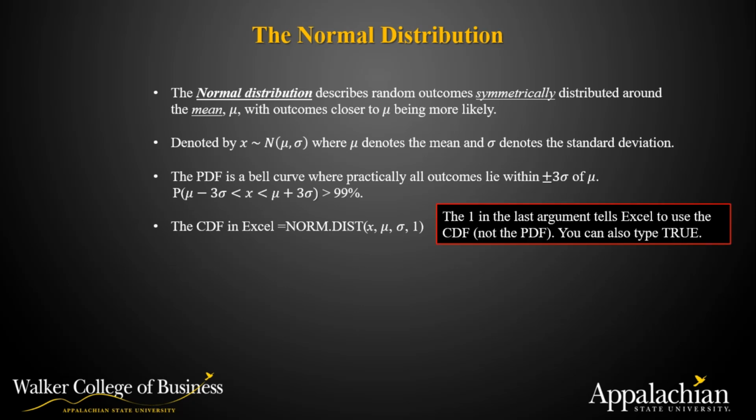The 1 in the last argument tells Excel to use the CDF and not the PDF. You can also type the word TRUE in all caps in place of the 1. The normal distribution is by far the most important distribution in statistics and will be the foundation for all the statistical analysis that we'll be doing this semester.